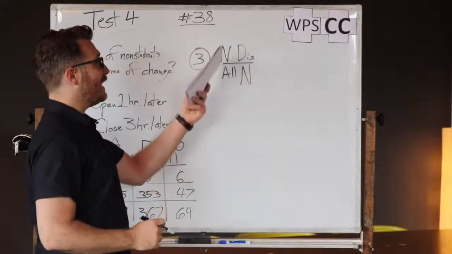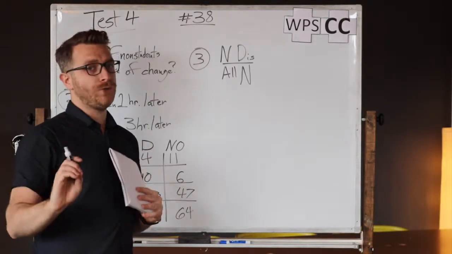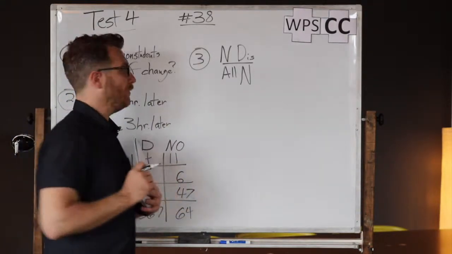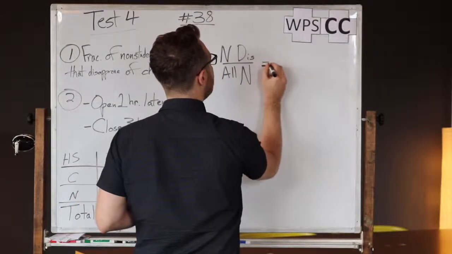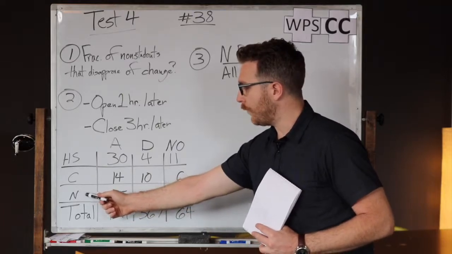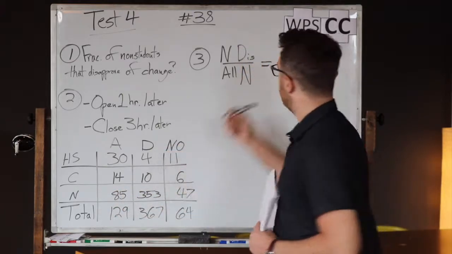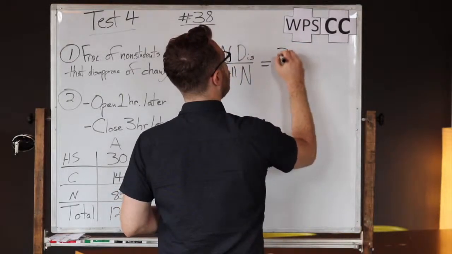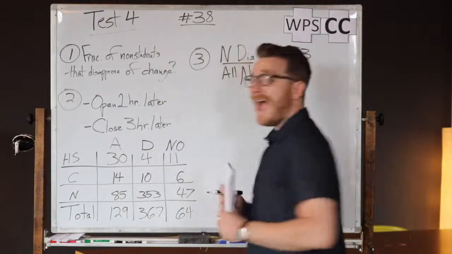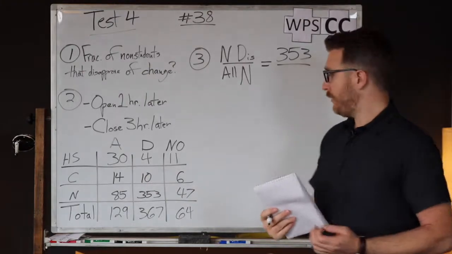So, we have to find out how many non-students disapproved and how many non-students there were in total. How many of them disapproved? We can find that very simply by going to the row for non-students and the column for disapprove. 353 disapproved.